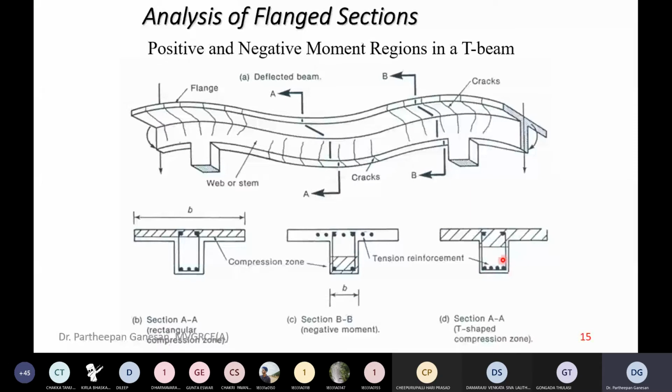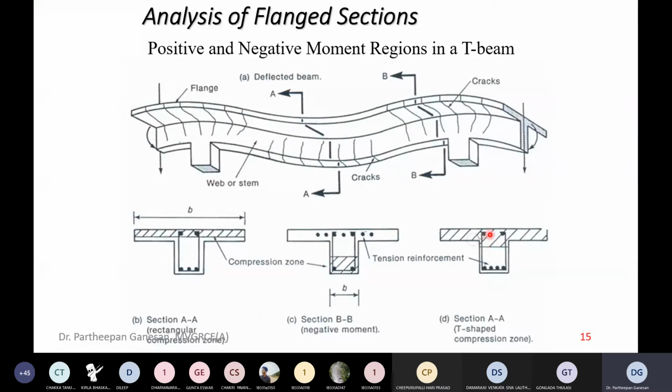Above the neutral axis, all of this is the compression zone, and the compression zone will be like a T beam. Is that clear? So in the midspan section, will your beam be designed as a T beam or a rectangular beam? In the midspan, T beam, sir. Your beam will be designed as a T beam because your tension is at the bottom and your flange is in the compression zone.